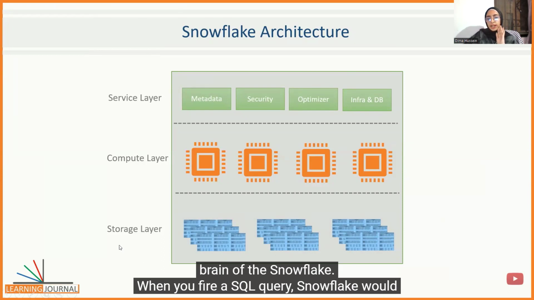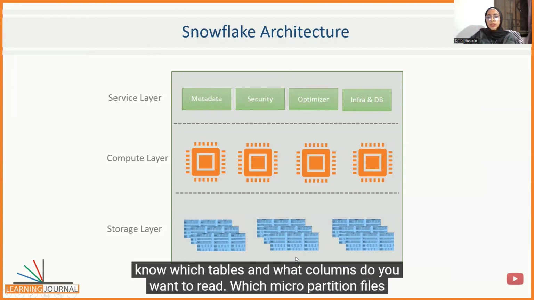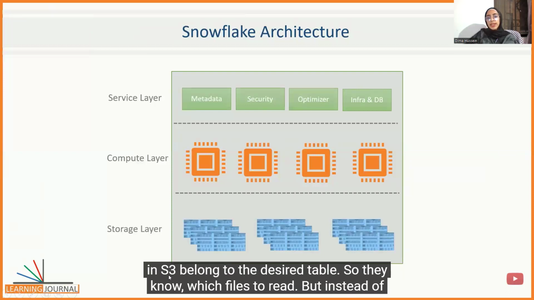When you fire a SQL query, the Snowflake would know which table and which column you want to read using the offset, as we've mentioned, and which micro-partition files in the S3 belong to the desired table.